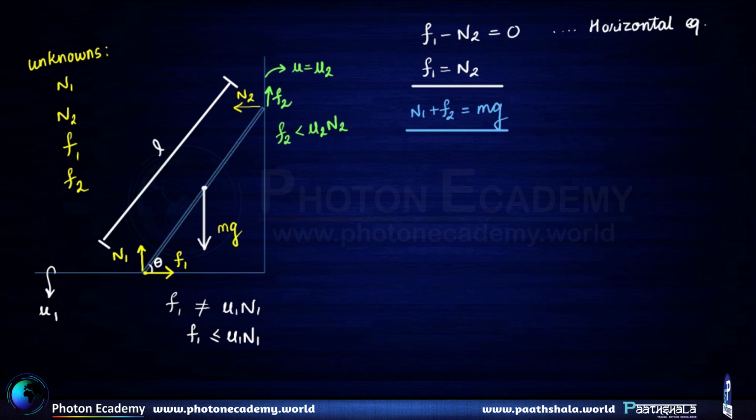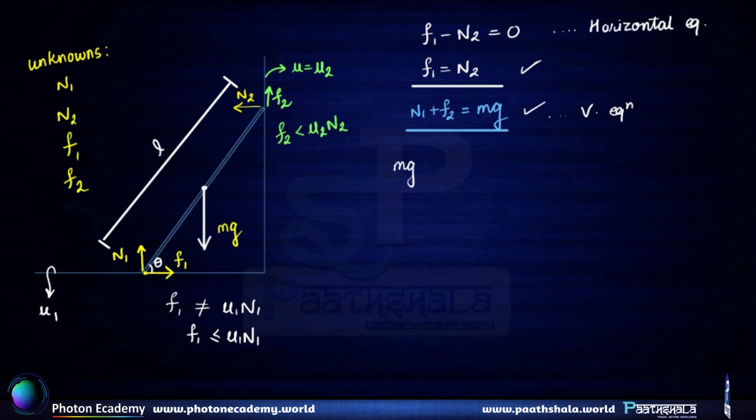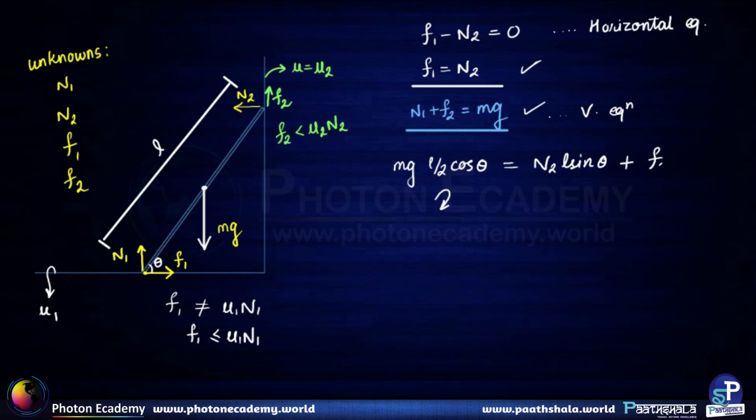Now let us understand what is physically happening. So these are the two equations for horizontal and vertical equilibrium respectively. Now while writing the torque equation, we have mg into L by 2 cos theta as the previously mentioned clockwise torque, and N2 into L sin theta as the previously mentioned counterclockwise torque, plus F2 into L cos theta.